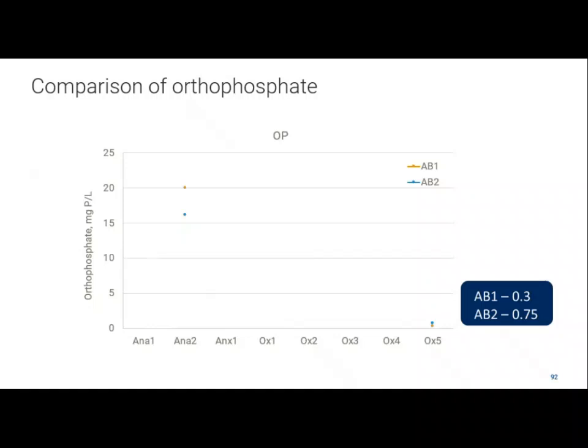What about orthophosphate? So we only did 2 measurements there. In the anaerobic zone, ortho P is 15 to 20 milligrams per liter. All right, so you're going to see a very high release number in your anaerobic zone. In the effluent, you're at 0.3 and 0.75, right? So you're getting really good uptake. I'm not sure what happened to our point that was in here.